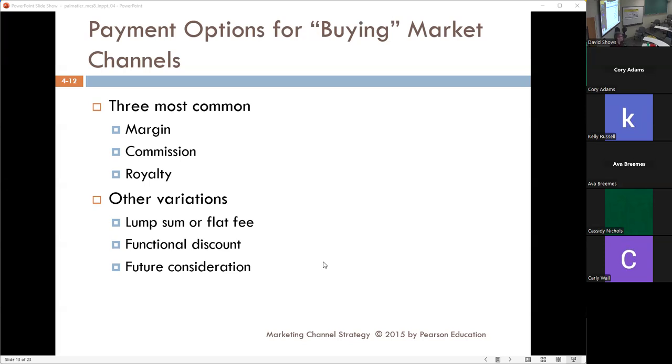The next is a commission, which would be a fraction of the retail price. And so that would be some fraction like 12% of the total cost.